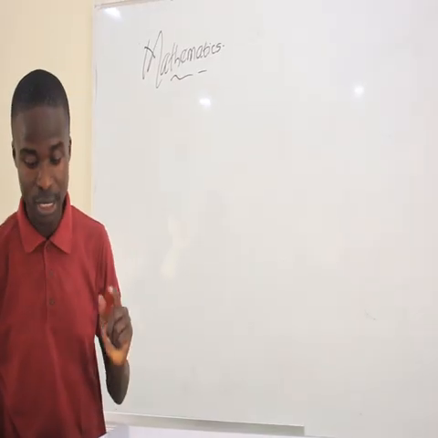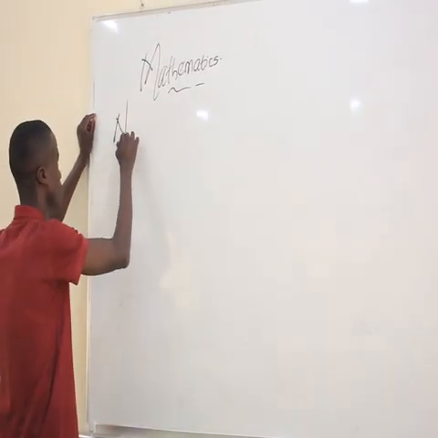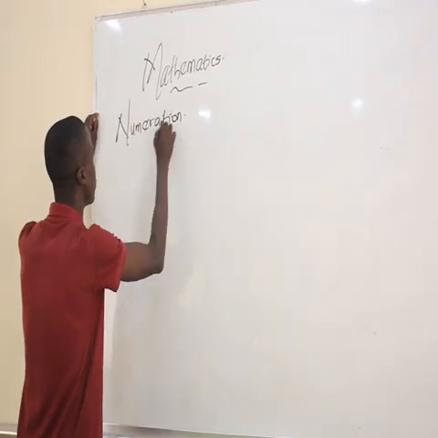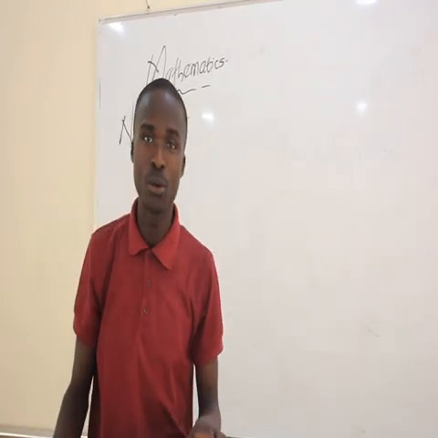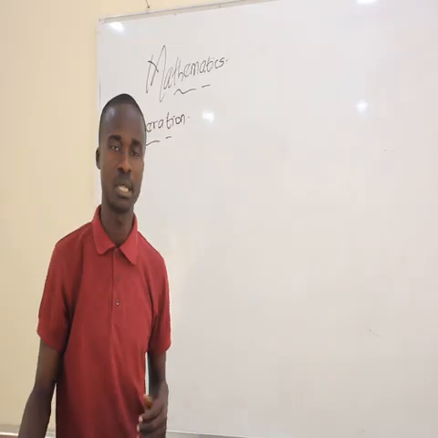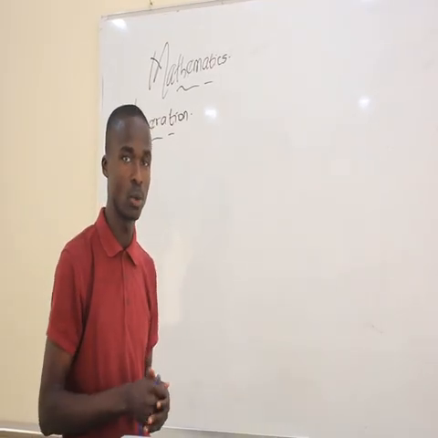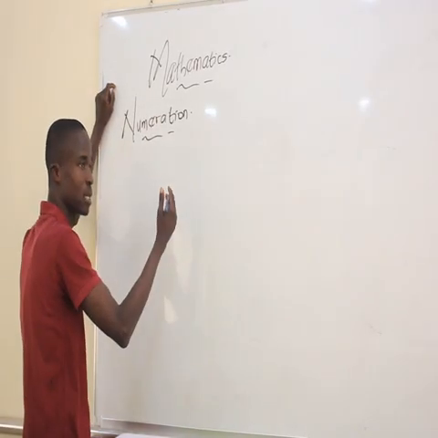The first thing I want to revise is number and numeration. In number and numeration we have done some topics like the binary number system. You and I know that in class we treated different writing systems in binary.